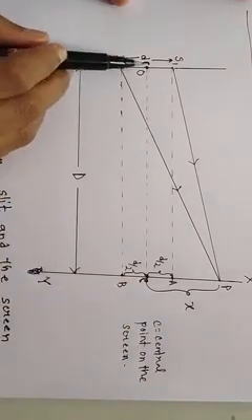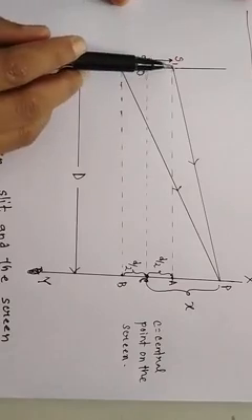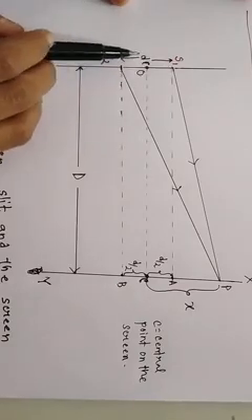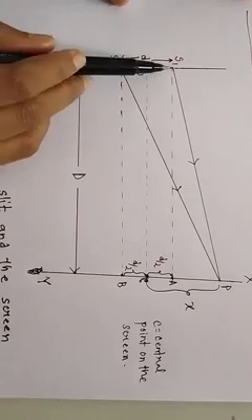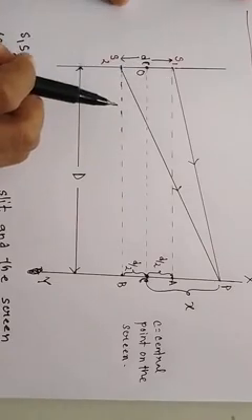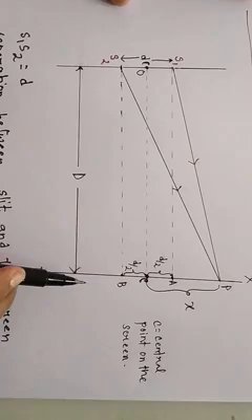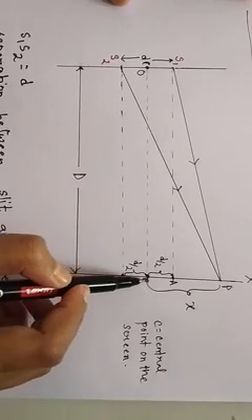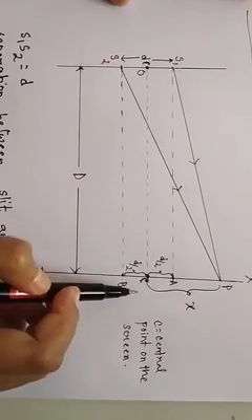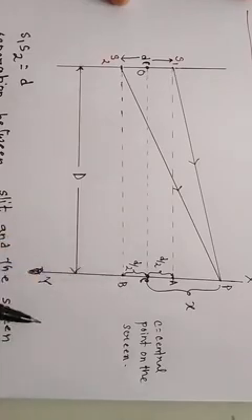Like O is the midpoint between S1 and S2, and S1S2 is equal to d, then OS1 is half of d, which is d by 2, and OS2 is again d by 2. Similarly AC is equal to d by 2 and CB is also equal to d by 2.